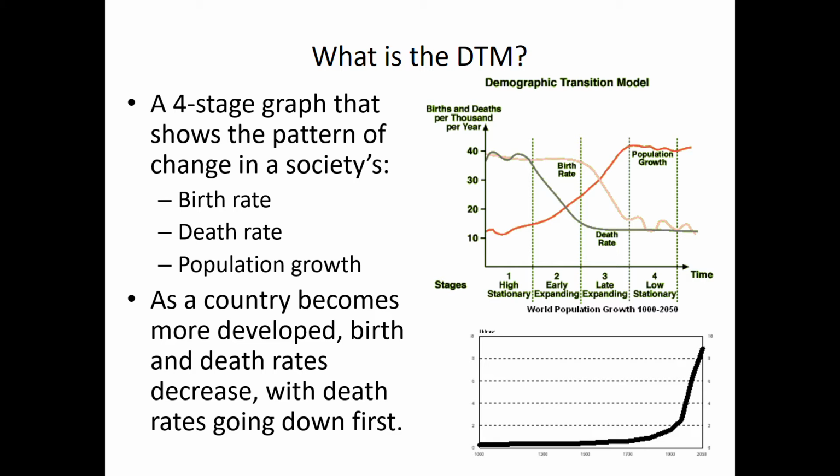But the first country to go through this change was most likely the United Kingdom. They developed a lot of things that allowed people to live longer lives. They produced more food thanks to new inventions, had better medicine around the same time. And this led to a decrease in the death rate, but people still had lots of kids.